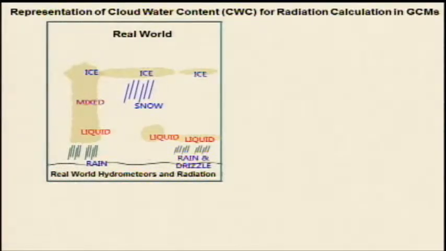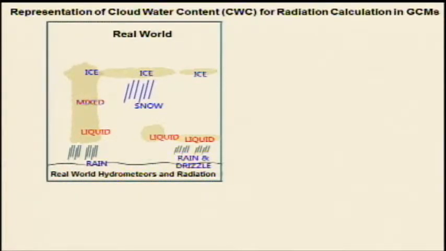So the representation of cloud water in the current GCM: imagine this is the real world. We do have a convective core cloud, and we have floating or suspended ice particles, suspended liquid, and falling rain.